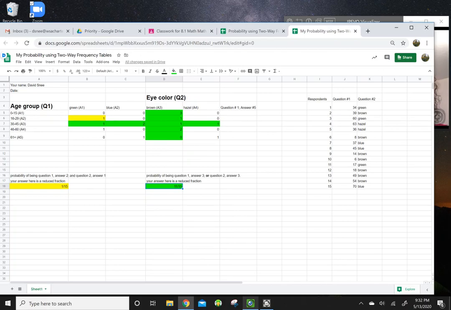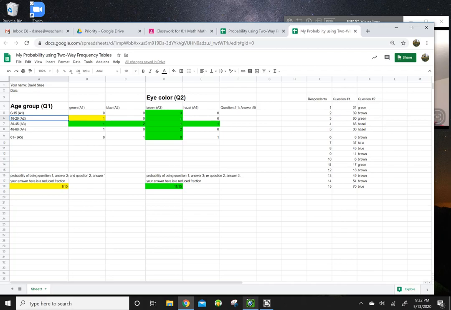All right, so down here at the bottom, I've got this question. It says, what is the probability of question 1, answer 2? So they're between 16 and 29.